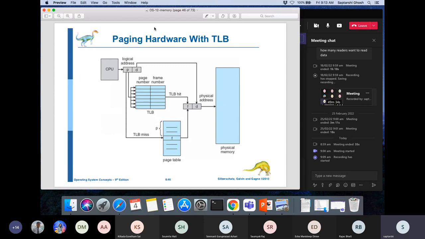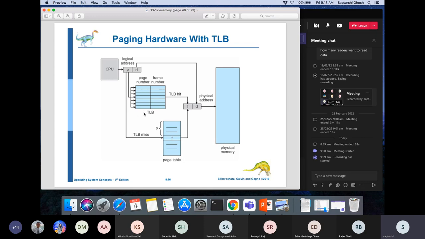So we basically use caching. A part of the page table is cached in a special cache memory known as the TLB, Translation Look Aside Buffer. This is what we discussed. It is very much similar to caching, so I think it's understandable. The page number which the CPU generates is first matched with the entries in the TLB.